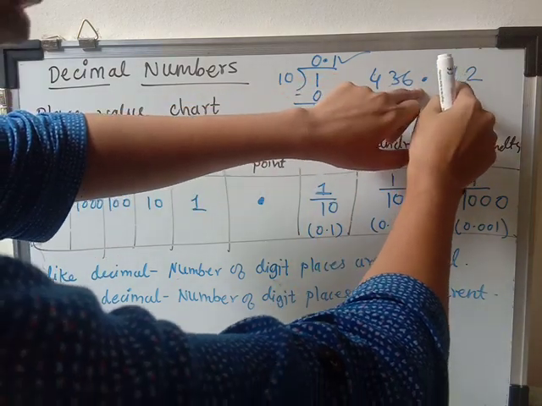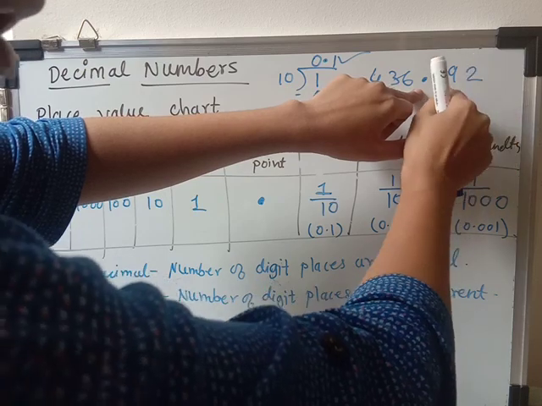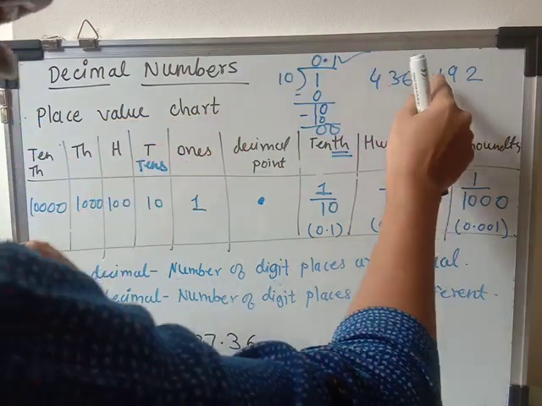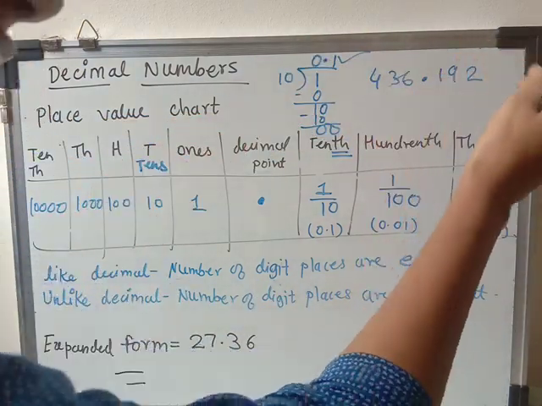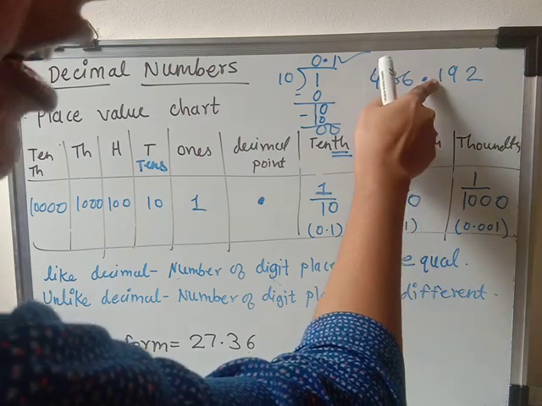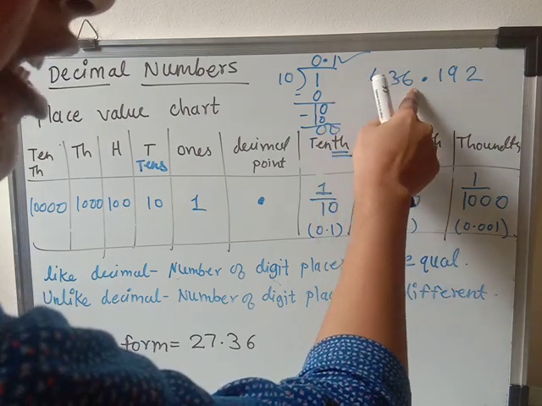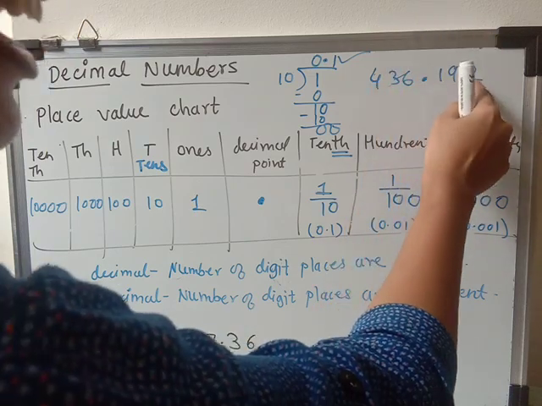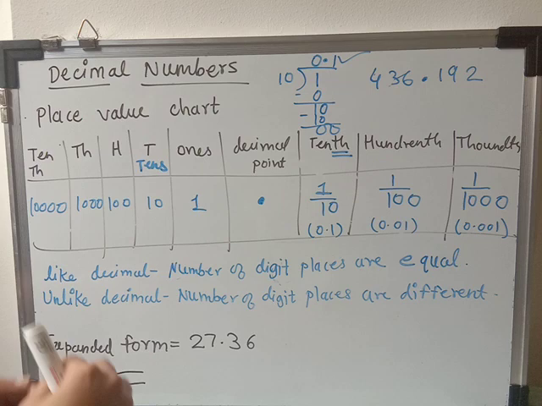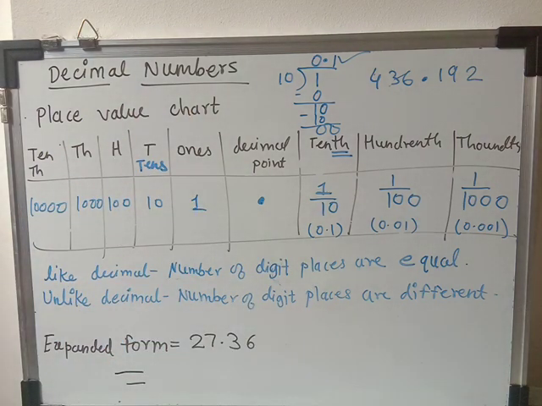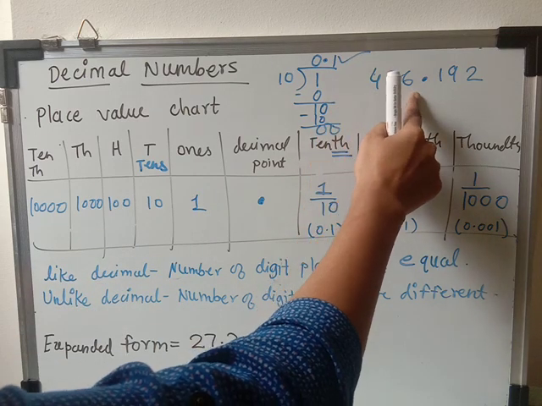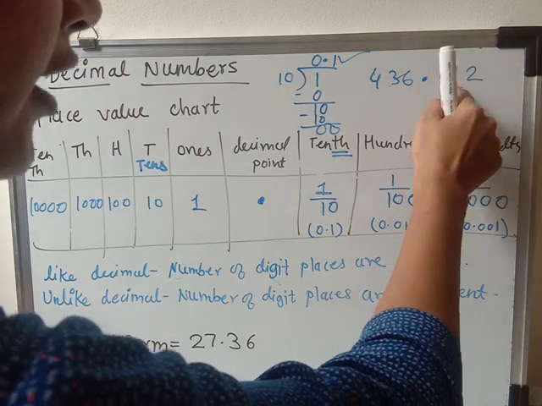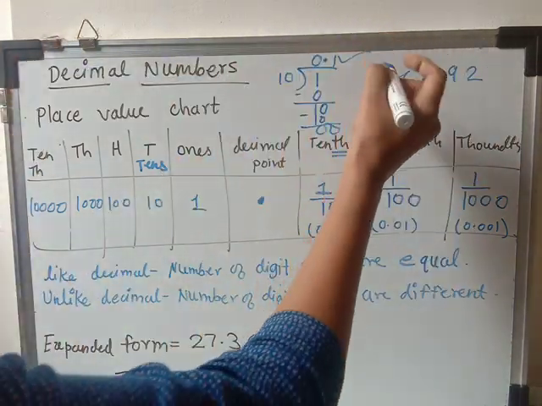Do not read 192 together, because each digit is different, and their values are also different. So we read it digit by digit: one, nine, two.